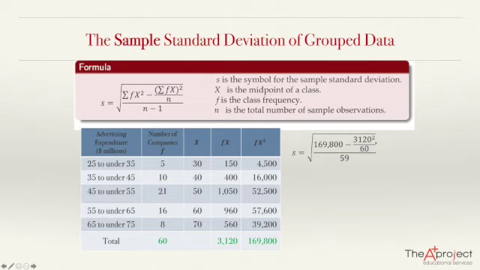Remember, do this part first, the square, and then the division. So it will be 169,800 minus 9,734,400 divided by 60, everything divided by 59, and then I take the square root.